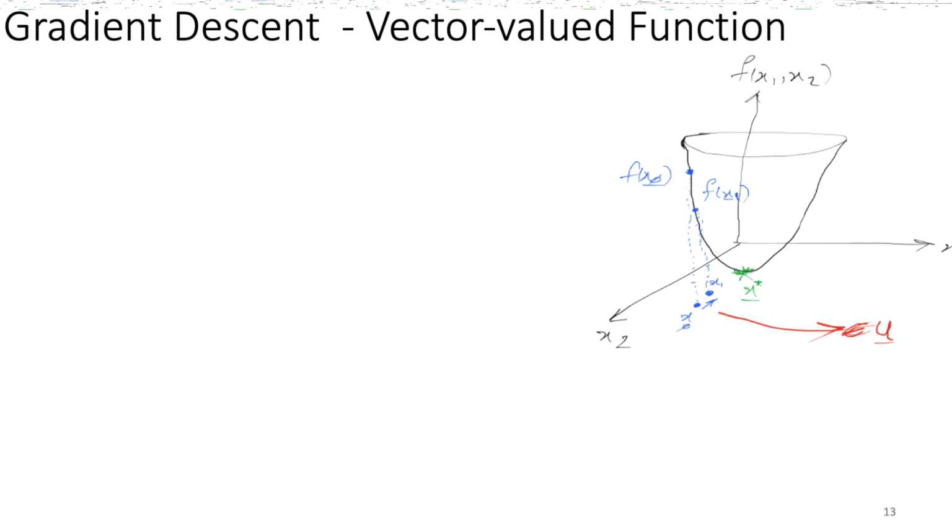So this is your convex function given two x's here, two features, and that's your f of x1, x2.